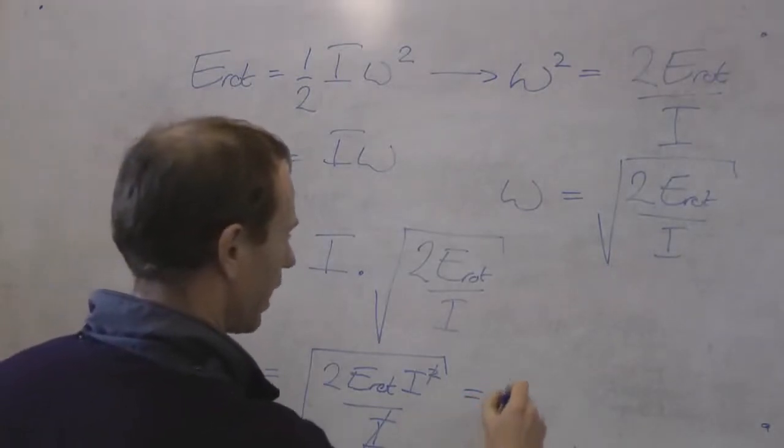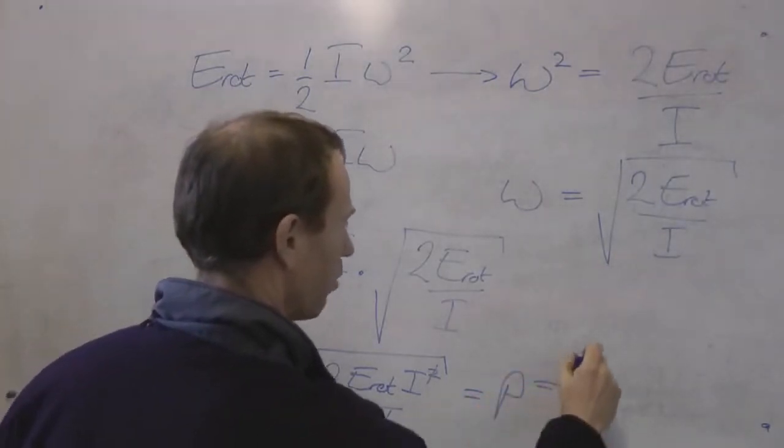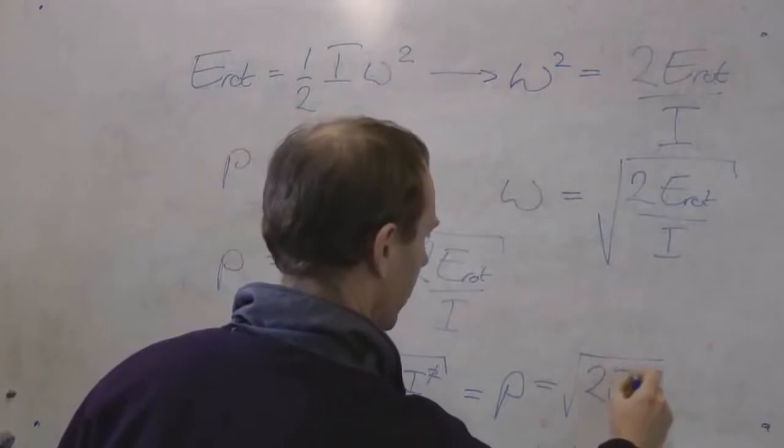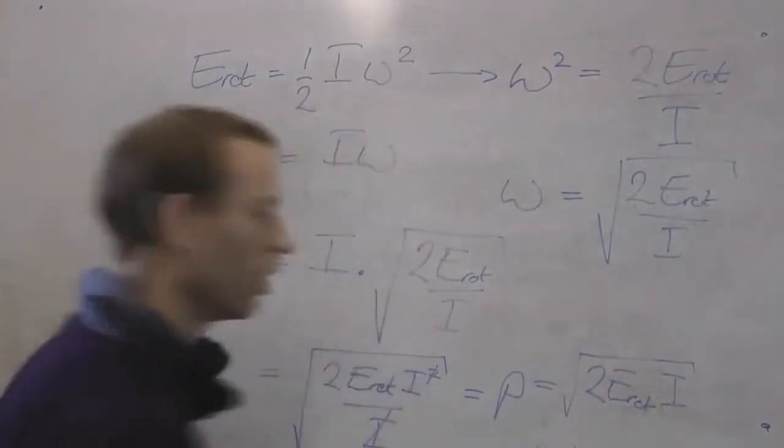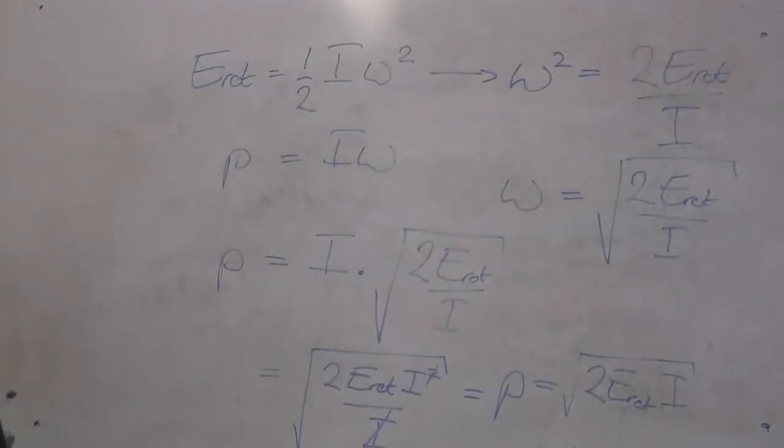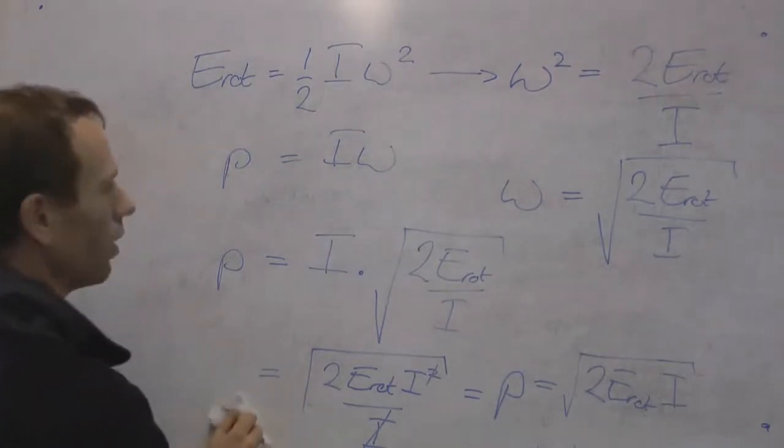So P, the angular momentum, equals the square root of 2 E rot times I. So that was the first rearranging task I set you to do. So let's get rid of that.